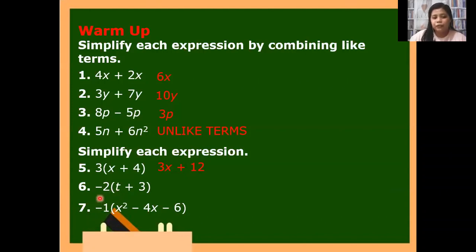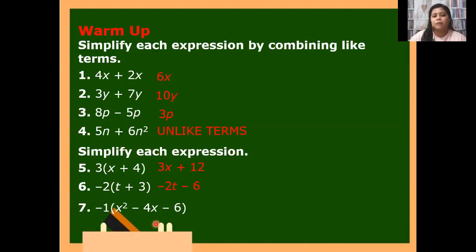And negative 2 times positive 3, the answer will be negative 6. So the answer for example number 5 is negative 2t minus 6. Why negative? Because we need to include the negative of our first term when we are distributing it. And when we are multiplying different signs, we all know that the answer is always negative.